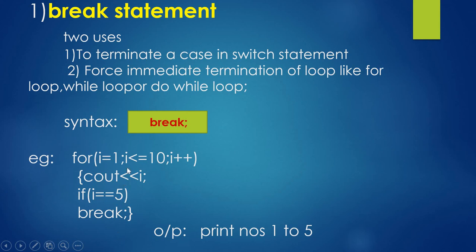If the iteration value is 5, after printing 5, i is equal to 5, then break. In that case, it exits from the loop. Actually it is 1 to 10, but here we have given one condition: when i reaches 5, it exits from the loop.